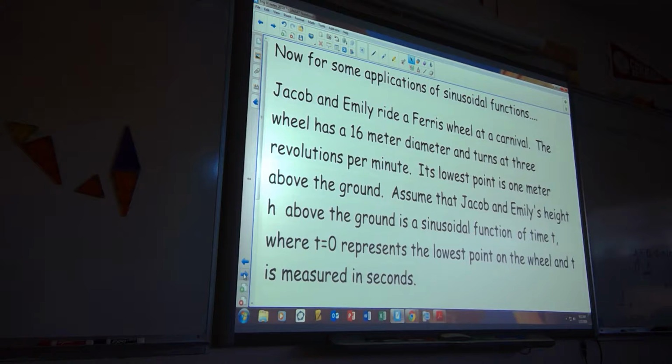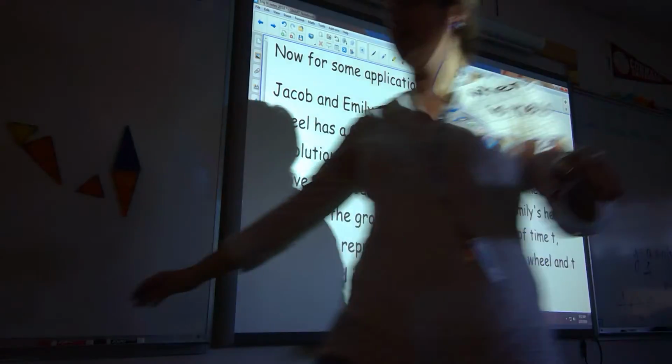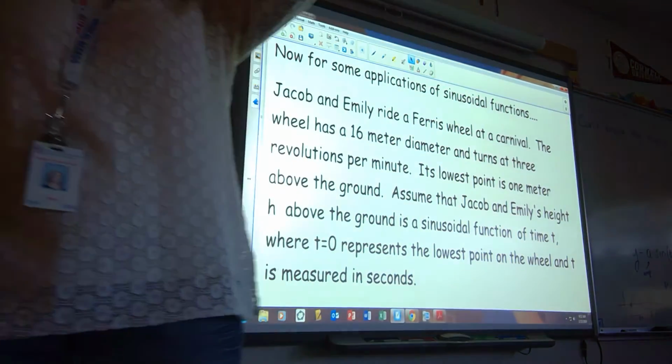All right, so now I want you to think about your tire on your car. What if you mark with chalk a star on the edge of your tire, and let's say we were looking at where the star goes as you drive.